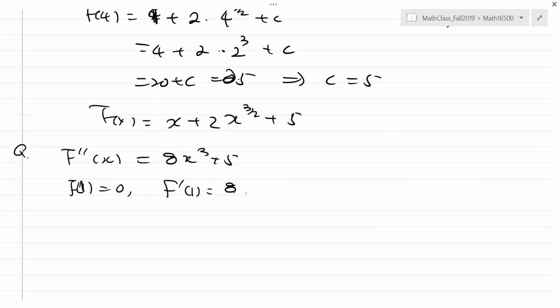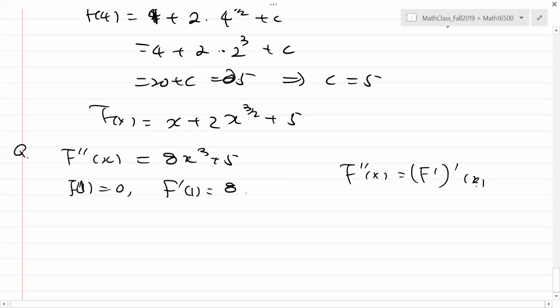So the very first step: the second derivative is the derivative of the first derivative, right? So the first derivative is going to be the antiderivative of this function, 8x cubed plus 5.